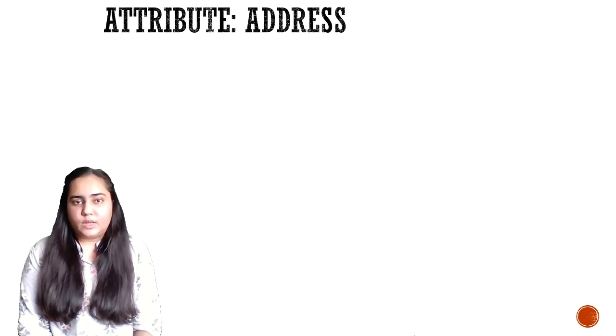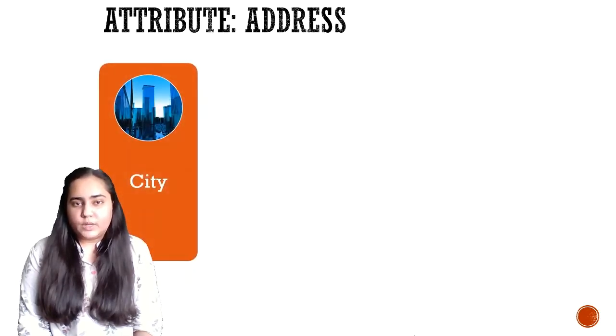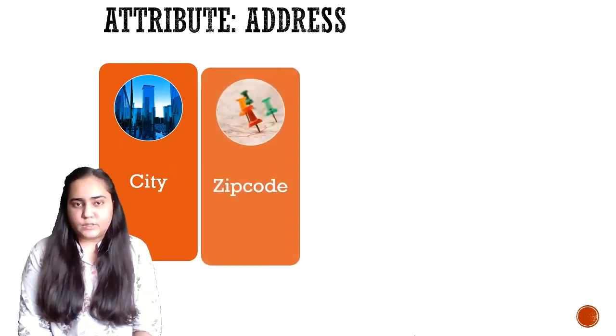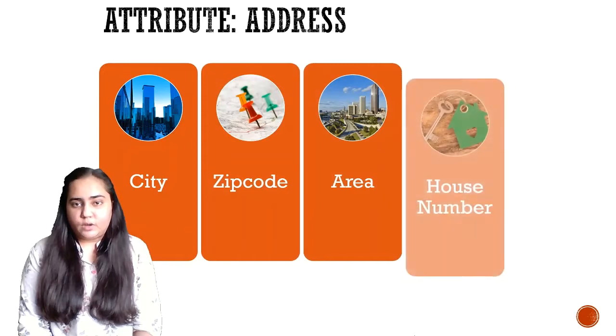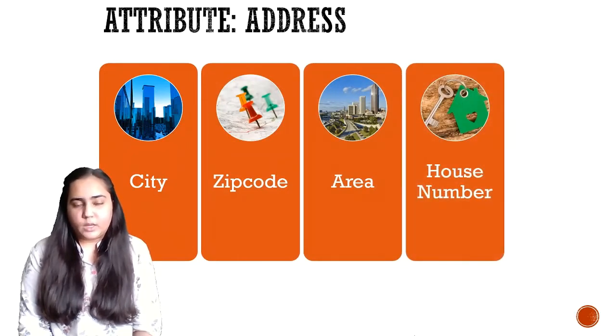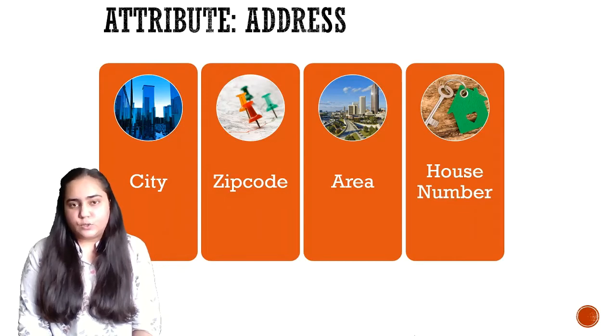Let's take another example of a non-atomic domain. So consider that you have an attribute called address, which can be divided into city, zip code, area code, and house number. Now, because the address can be divided into so many different parts, you can say that it is not indivisible, it is divisible.